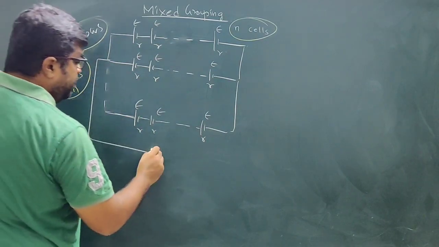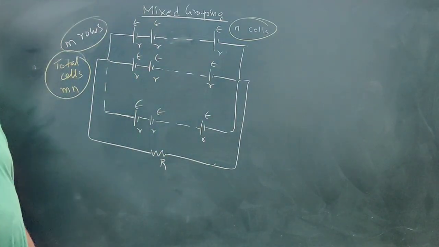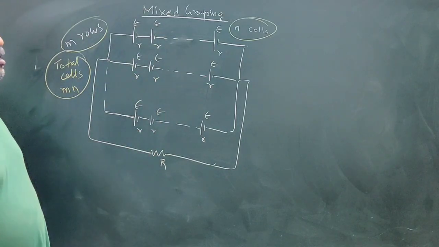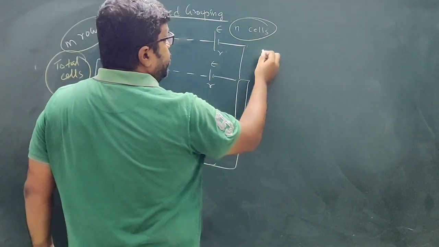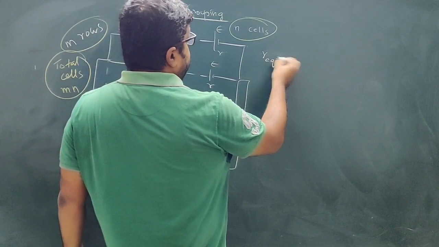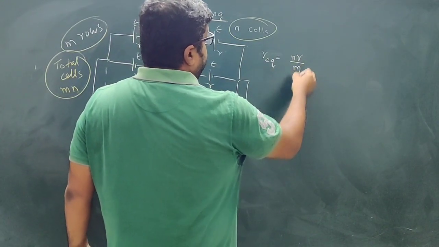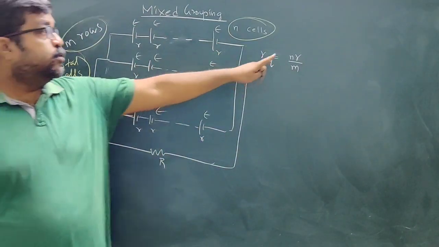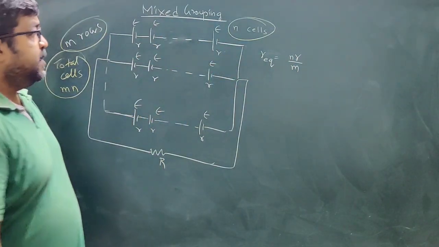Now this combination is connected to external resistance R. So this is nr, m times. The equivalent internal resistance r equivalent I can write as nr by m. n cells in each row, so that is nr, and m rows are there, so r equivalent is equal to nr by m.